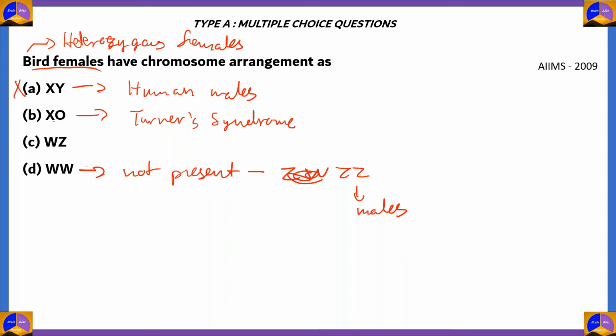And besides, this one is not heterozygous. This is when one of the X chromosomes is lost. So option B is incorrect. The right answer is option C, WZ. As you can see, W and Z are different chromosomes. So bird females, which are heterozygous, have the chromosome arrangement WZ.